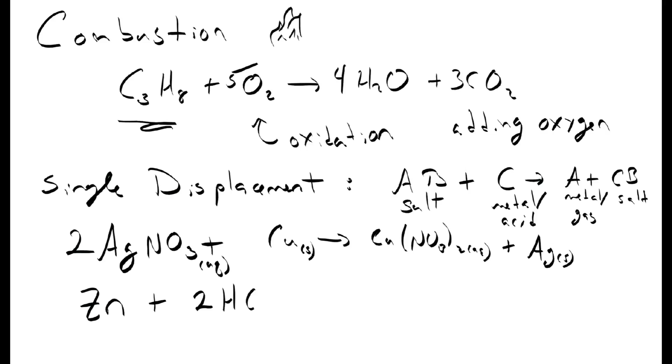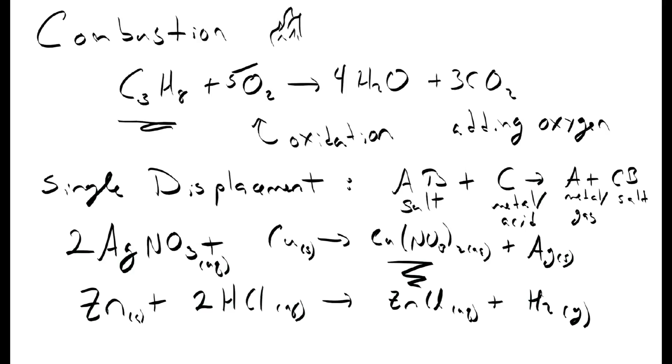Next up, we have, for example, zinc plus hydrochloric acid, aqueous, solid, will make us some zinc chloride, aqueous, plus hydrogen gas. Okay. So in both cases, we have our salts, and here we have a metal, and here we have a gas. Okay. So those are just some examples of single displacement reactions.